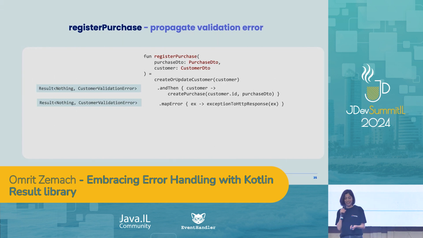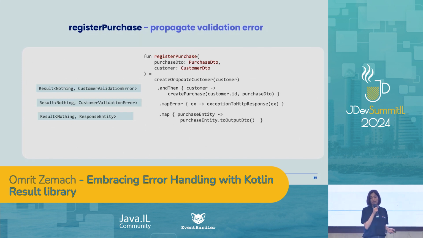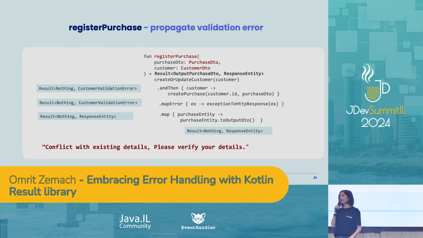The mapError, in case the result has a customer validation error, will run its transformation function and map the customer validation error to the corresponding HTTP response. So we will have a response entity with the status of conflict and an appropriate message. The map, in case it gets a result with an error type inside, doesn't run its transformation function and just remains the same input result. So we will end up with a result with an HTTP response telling our customer that there is a conflict with his existing details.